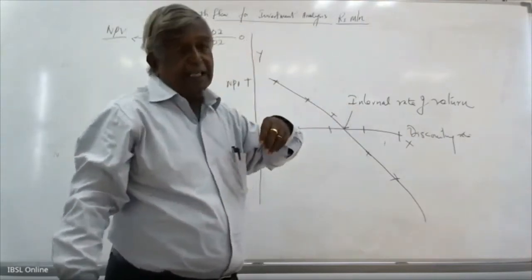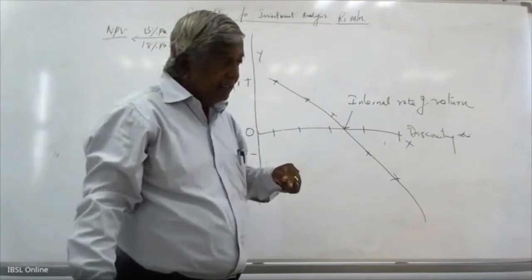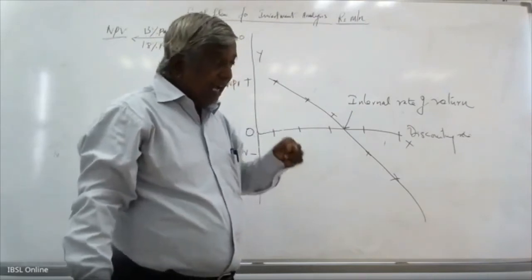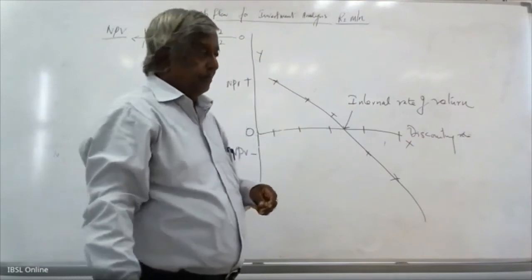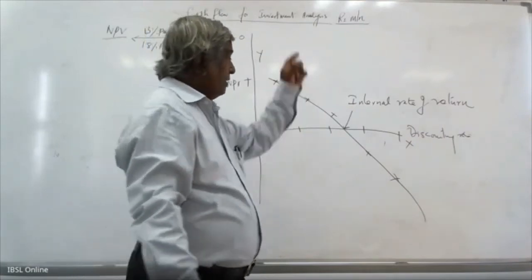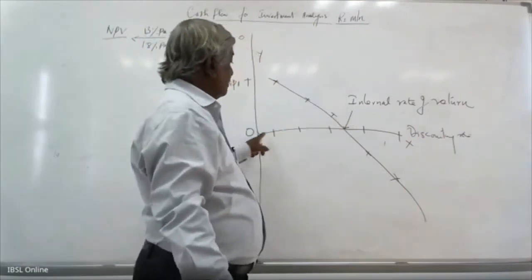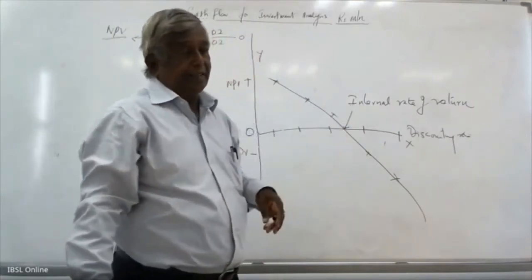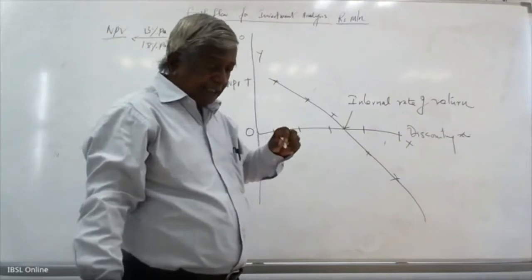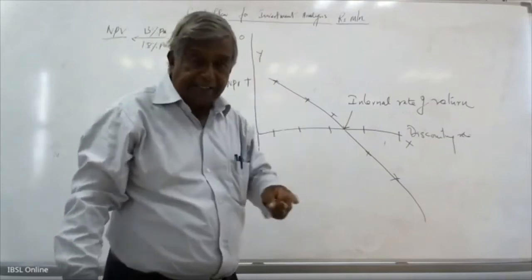Internal rate of return is the discount rate where the NPV is 0. So internal rate of return is the discount rate.